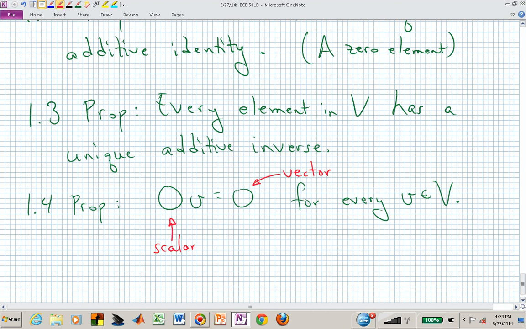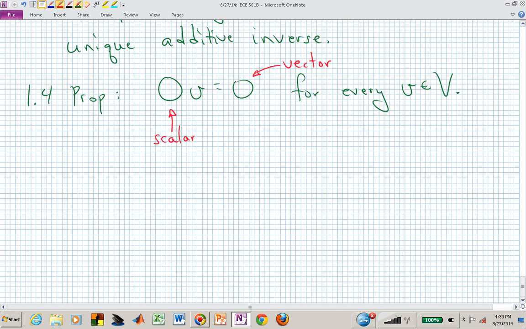Let's do it a little bit differently now. Proposition 1.5. Let's say we have a times 0 is equal to 0, for every a in our field F. Now, what is my 0 on the left? It's a vector, because a is the scalar.